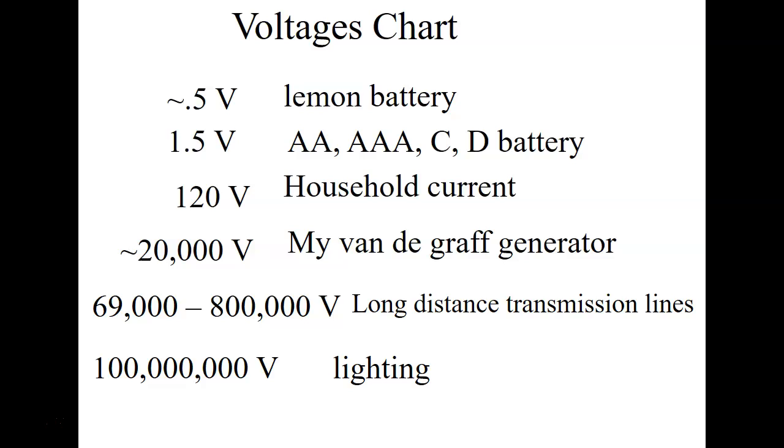Some voltages you might see: a lemon battery that you might have made in 5th grade might have had about 0.5 volts. Your AA, AAA, C, and D batteries are all 1.5 volts. You'll never guess about a 9-volt battery. Your household current in your outlets is 120 volts.